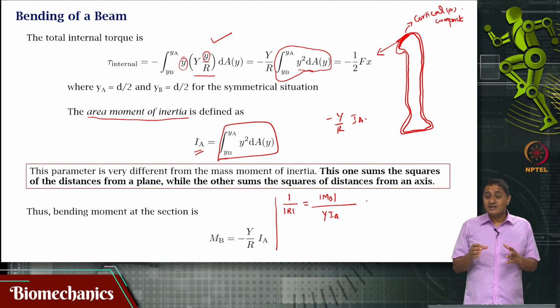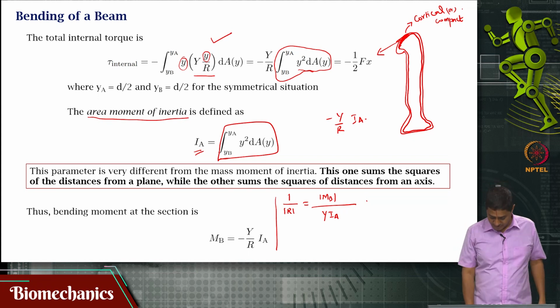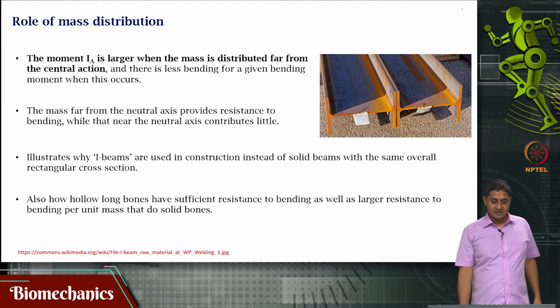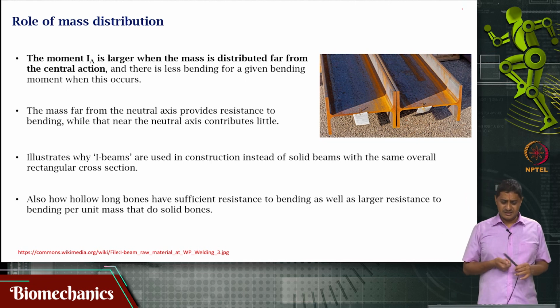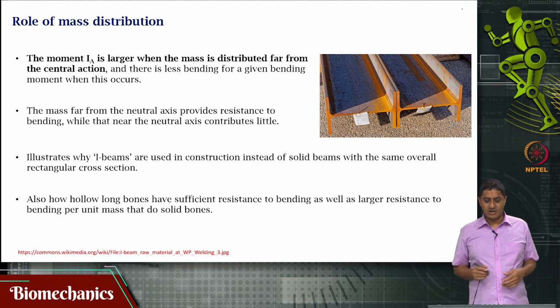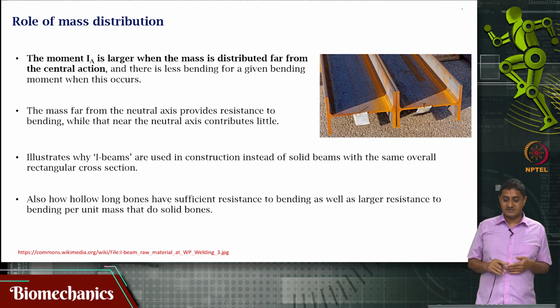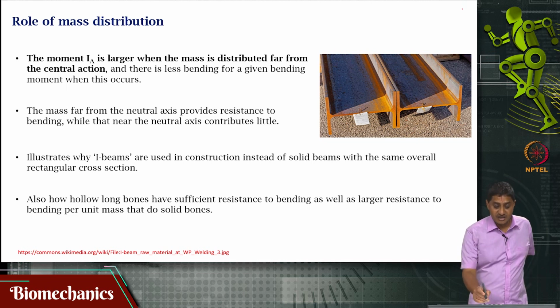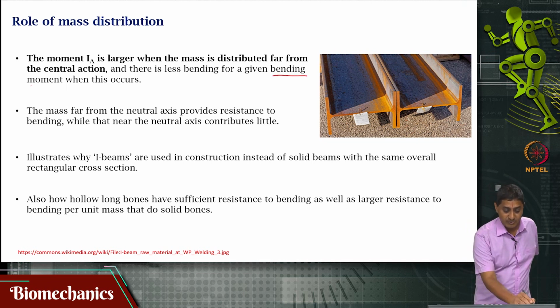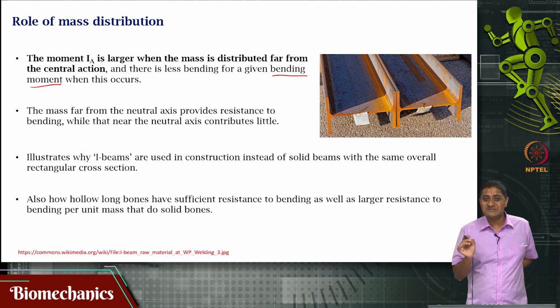So, that is why the periphery of the bone has the strong cortical bone or the compact bone, and in the middle you have cancellous bone or the trabecular bone, right. This area moment of inertia is larger when the mass is distributed farther from the central axis, and so because of this reason, for a given bending moment, there is less bending, right.